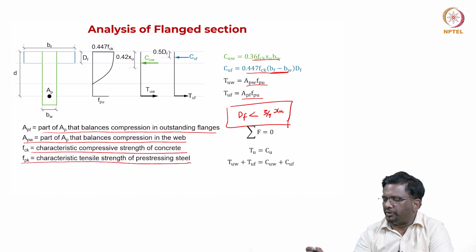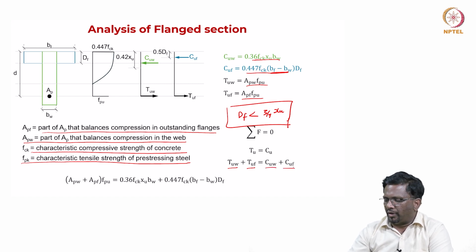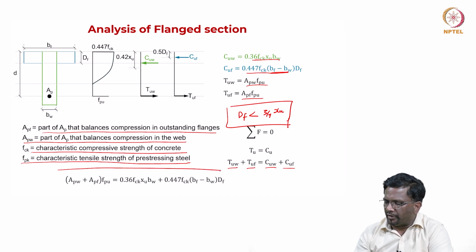And TU is equal to CU. So, again always the equilibrium condition has to be satisfied. So, the TU will have two components from web and flange. Similarly, compression force will have two components from web and flange. So, we have to ensure that. And this is the overall equilibrium. When I put all of them together, this is your equilibrium condition.